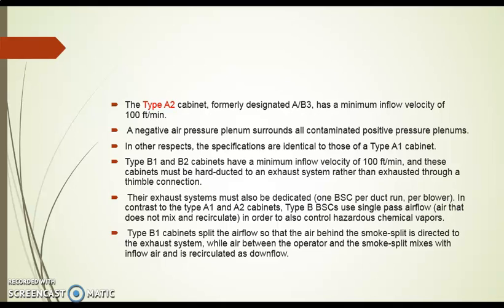The Type B biological safety cabinets use single pass airflow in order to avoid or control hazardous chemical vapors. Type B1 cabinets split the airflow so that air behind the smoke split is directed to the exhaust system, while air between the operator and the smoke split mixes with inflow air and is recirculated as downflow.